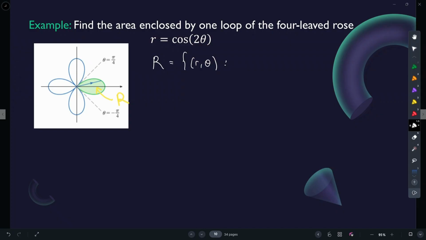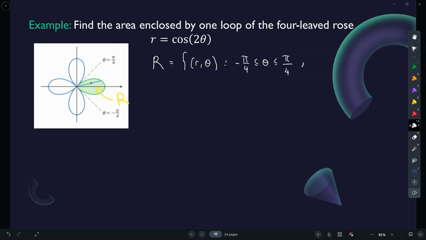So now what is changing here is the angle. For points in here, the angle goes from minus pi over 4 to pi over 4. So theta is going anywhere from minus pi over 4 to pi over 4.